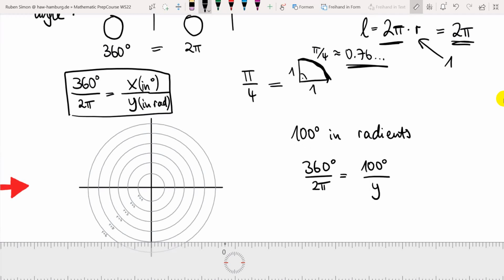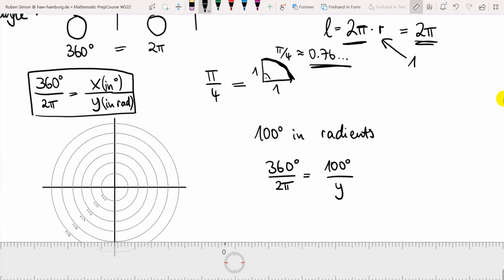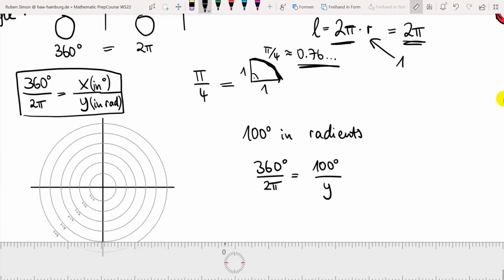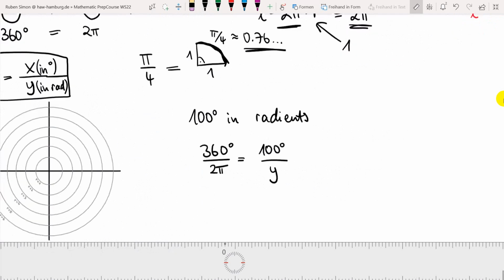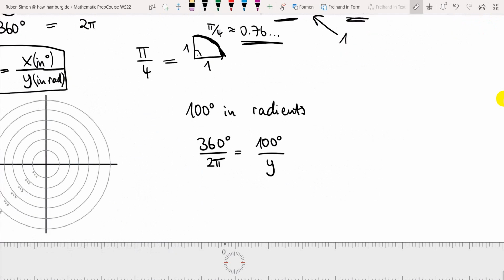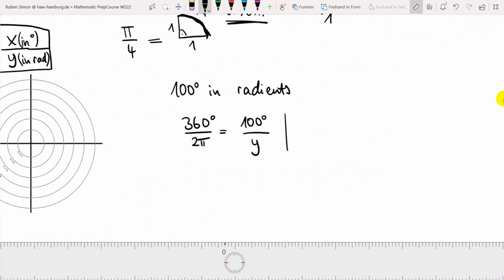And now you, of course, want to determine y, because y is the same angle as the one above in radians. And in order to transform this, what would you have to do? Multiply by y and then divide 360 and 2 pi. Yeah, so like this, correct?